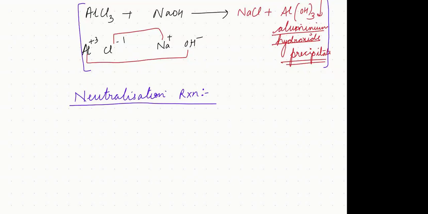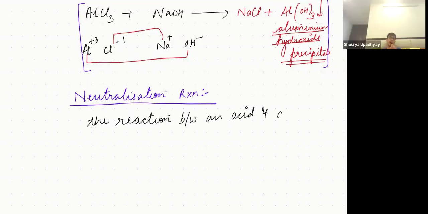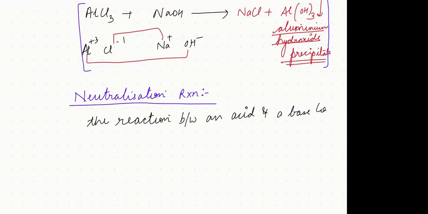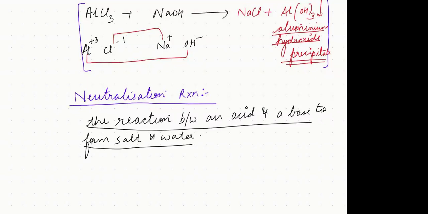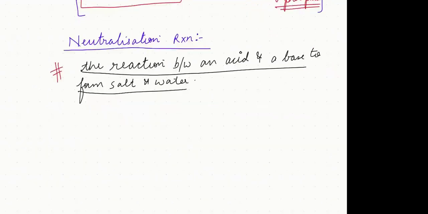Now understand what a neutralization reaction is. It is a reaction between an acid and a base to form salt and water. When you say HCl, when you say NaOH: HCl is H plus and Cl negative, and NaOH is Na plus and OH negative.